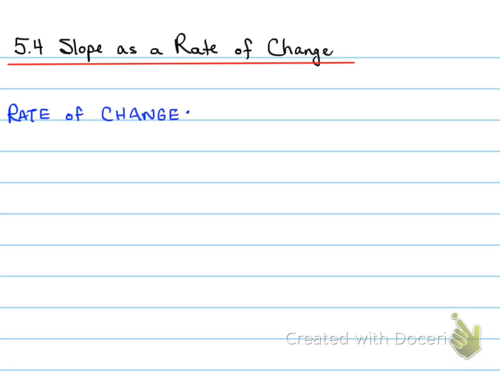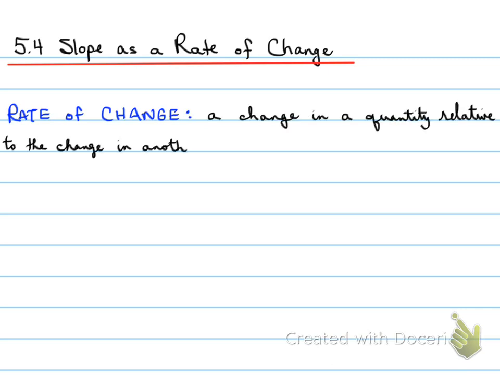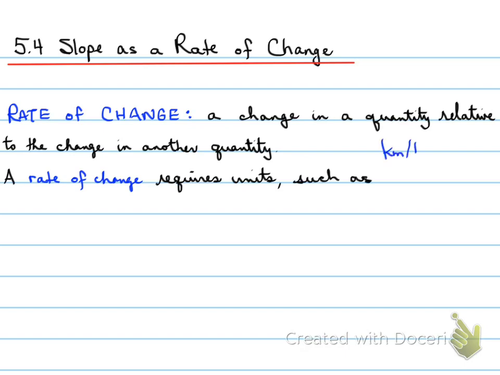Rate of change is basically a change in a quantity relative to the change in another quantity. So we've seen this in real life. A rate of change requires units, such as kilometers per hour, meters per second, dollars per pound, dollars per liter.